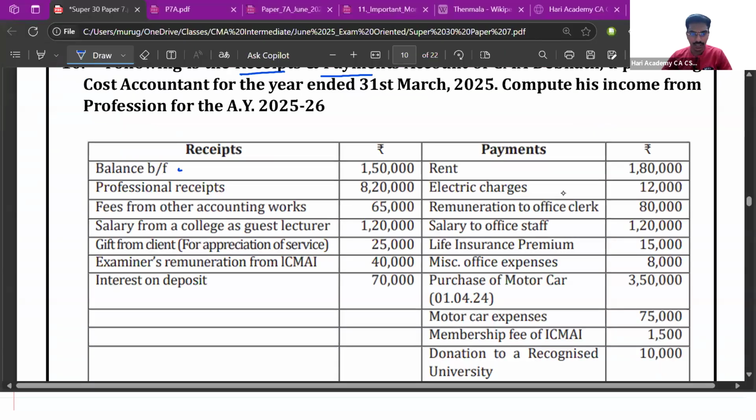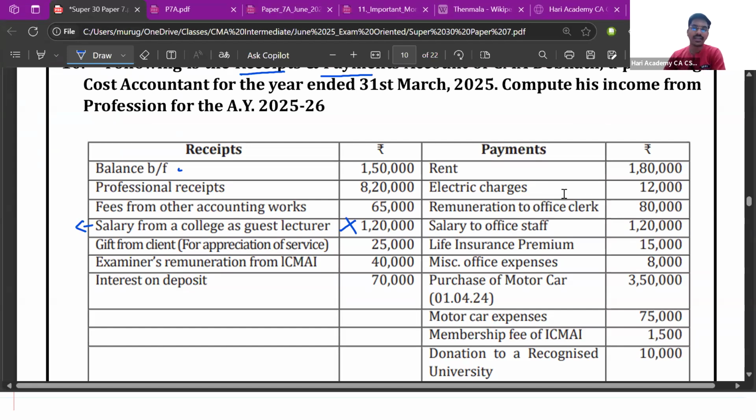Third point, salary from a college as a guest lecturer. This is not a major business or profession. This should be taxable under income from other sources, because he is a practicing cost accountant and teaching as a guest lecturer is not his business or profession.